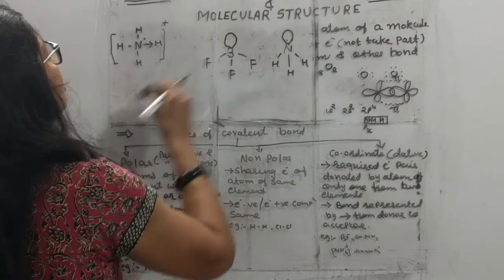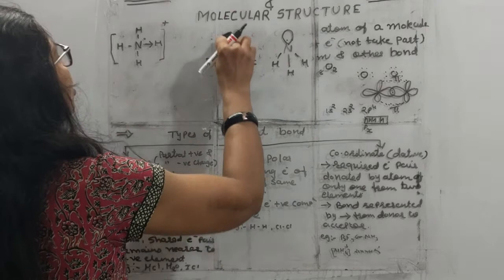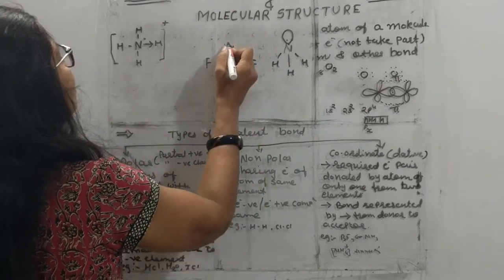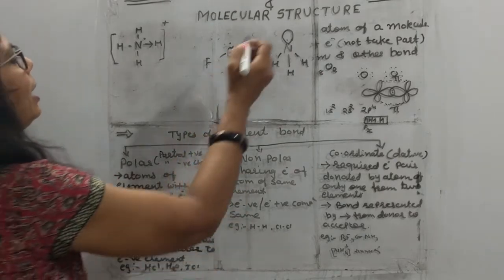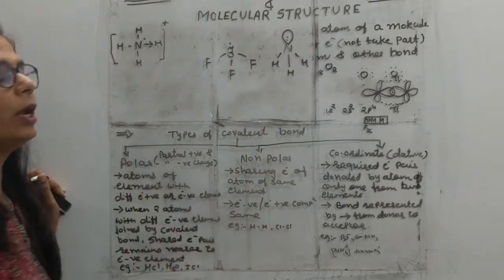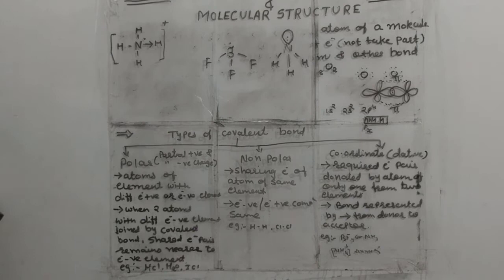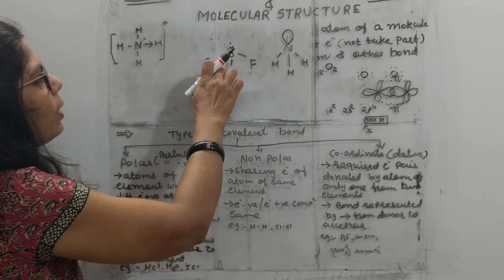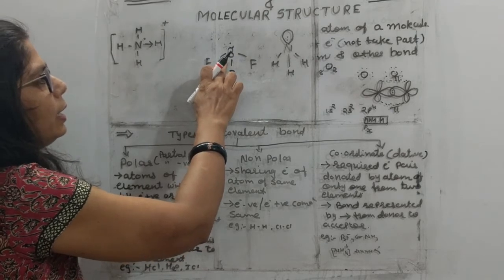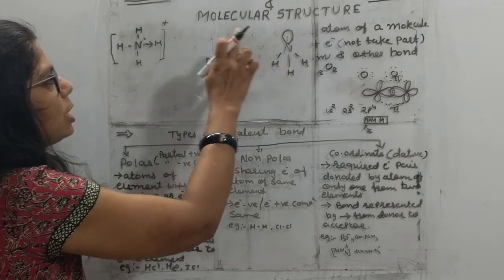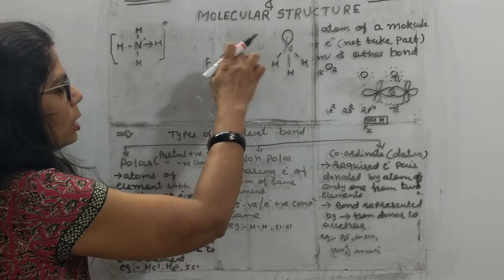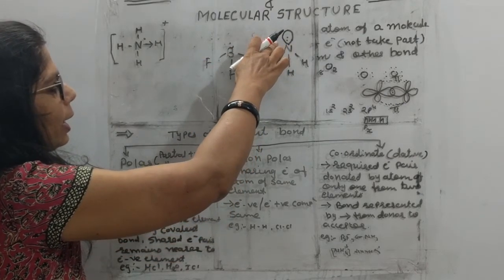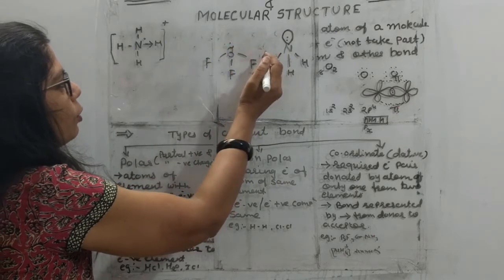Here this boron forms only 3 bonds, so boron requires one electron pair, and nitrogen donates its electron pair to the atom with the bond formation.